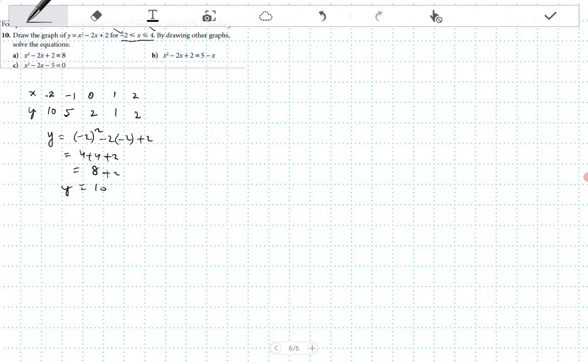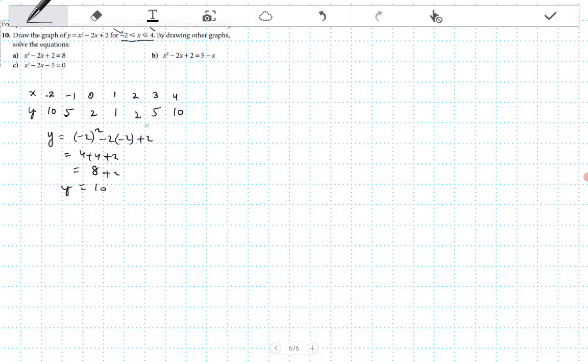I'm directly solving with the help of a calculator, it's coming 5. At x equals 3, it's again 5. And at x equals 4, again it's 10. At -2 also it's 10, at -1 it's 5, at 3 it's 5, at 4 it's 10.